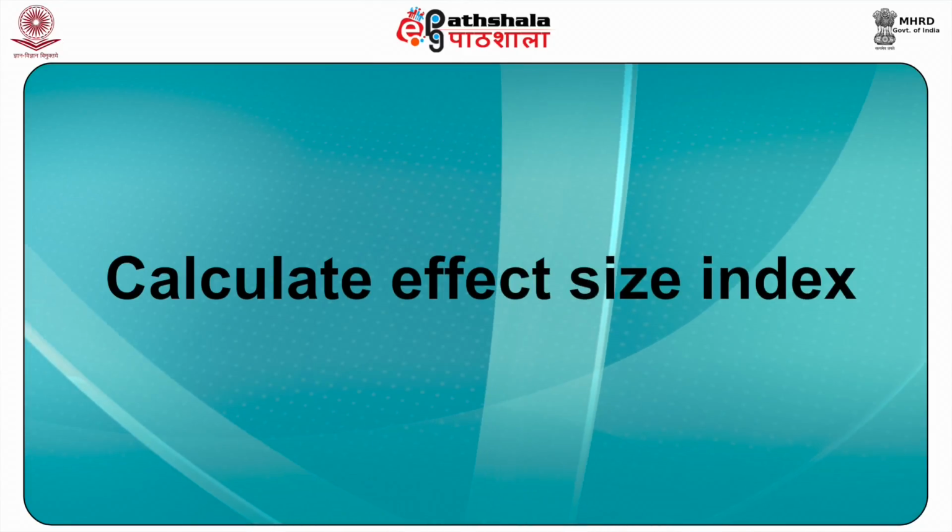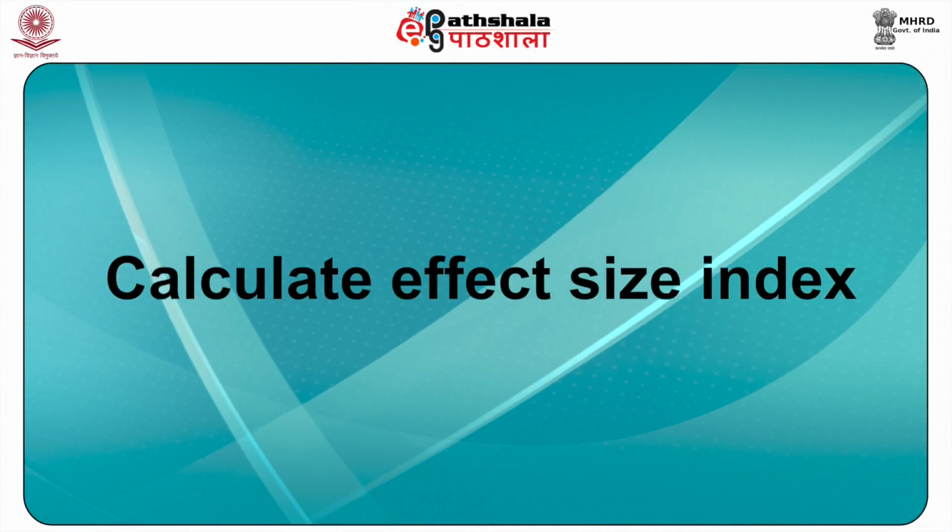Step 4 is to calculate the effect size index. As defined, the effect size is the degree to which the phenomenon is present in the population. The effect size index quantifies the result of each study in a common unit, which is then applied based on study design and type of dependent variable.